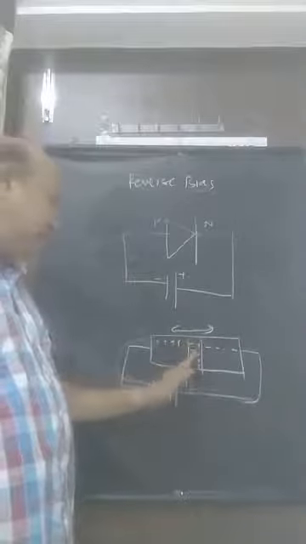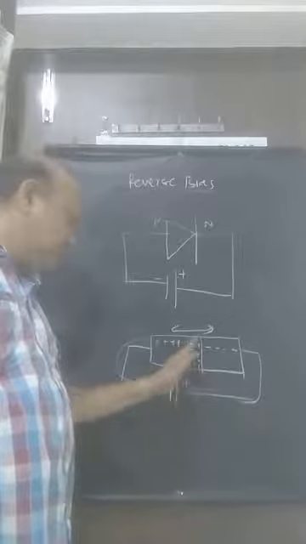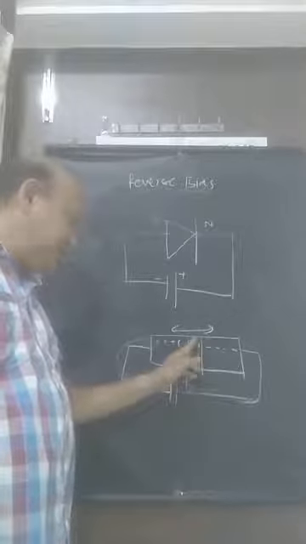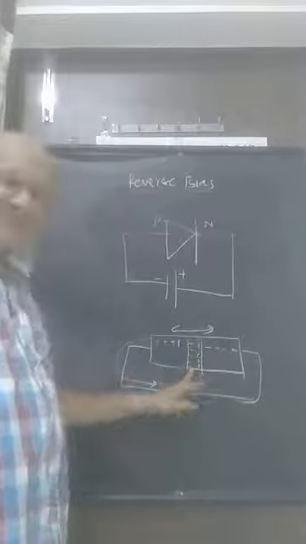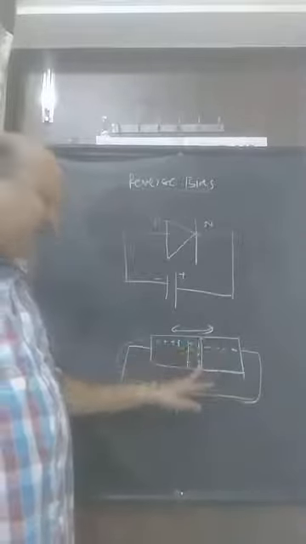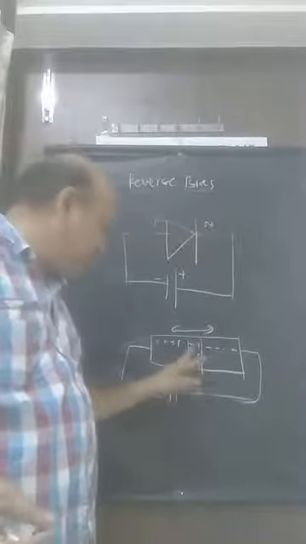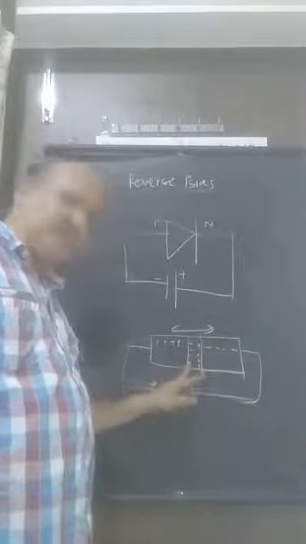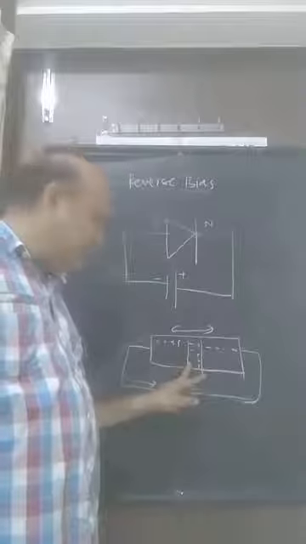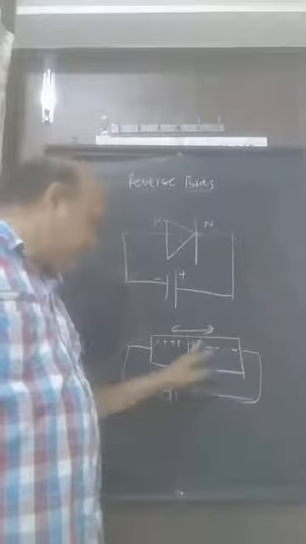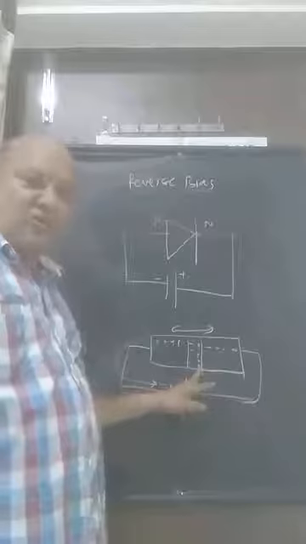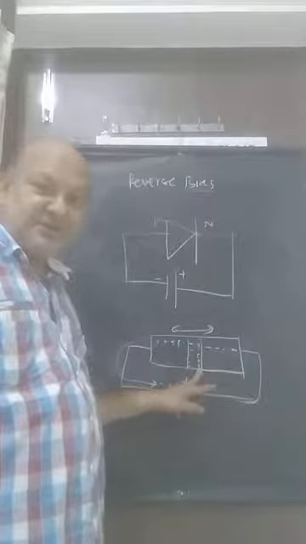And at the last, only the negative layer at the positive side and the positive layer at the negative side remain. A very small amount of electrons is available in the junction, that is fixed ions, and positively charged ions are available in the junction as one layer.